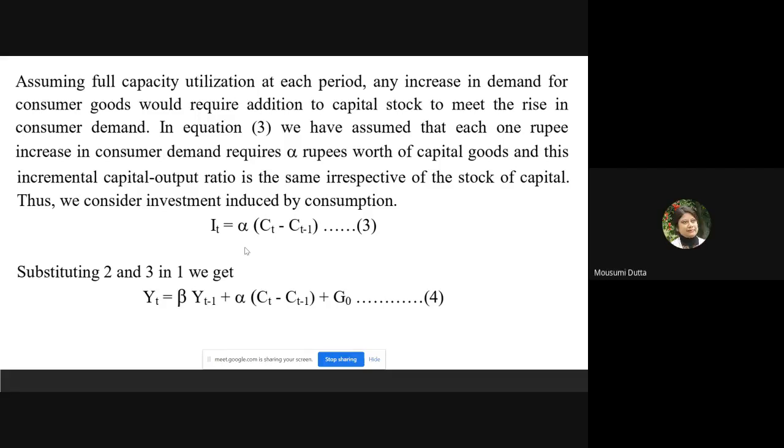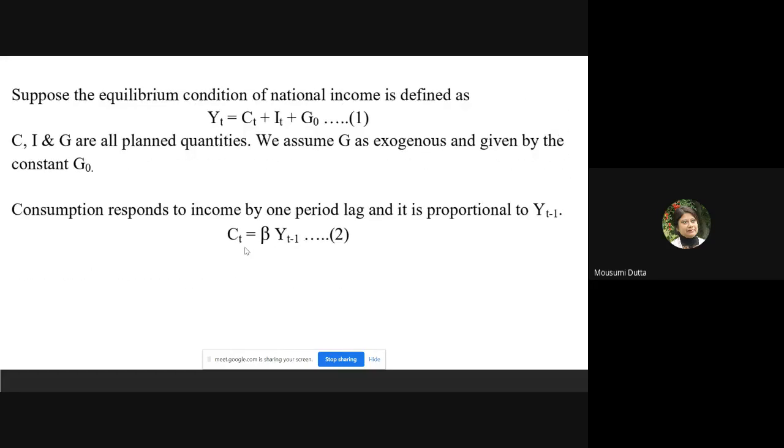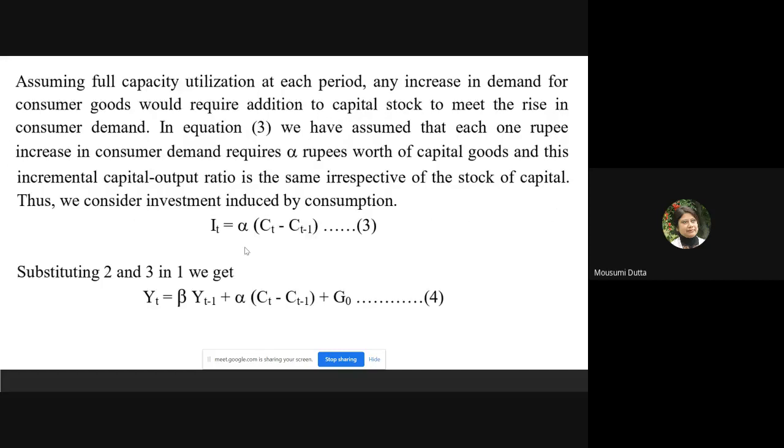Now we will substitute. Our objective is to find out the time path of Yt. So everything we will like to present in terms of Yt, the y variable. Because as I mentioned last day, we will like to present the time path of income, time path of national income, time path of national output. So for that matter, we will substitute equation 2 and 3 in equation number 1. So equation number 1 was Yt is equal to Ct plus It plus G naught.